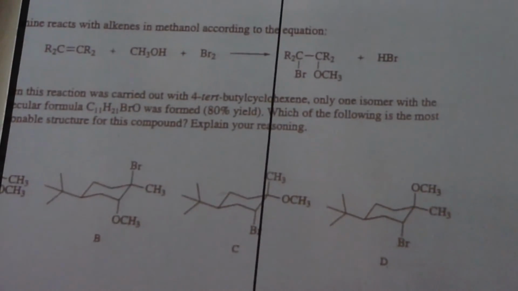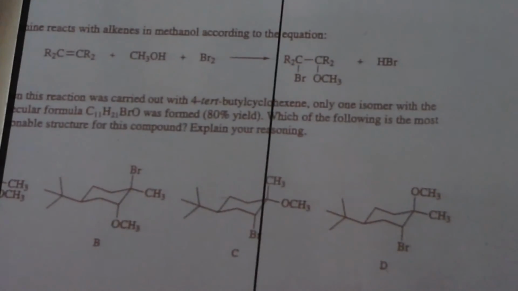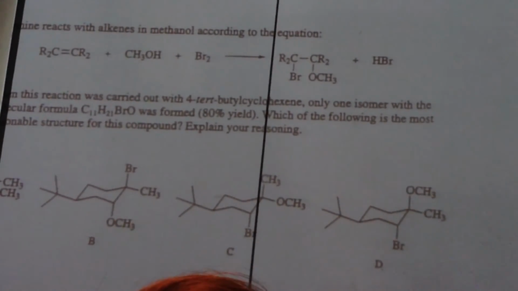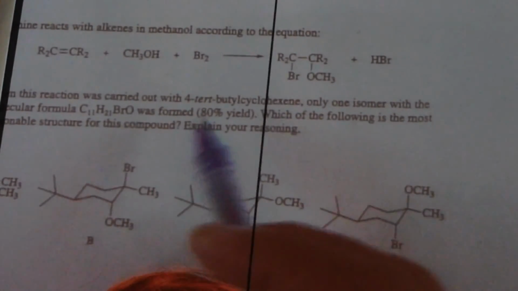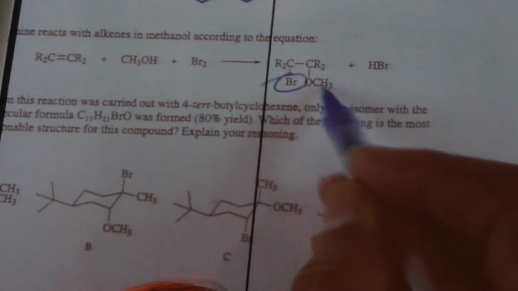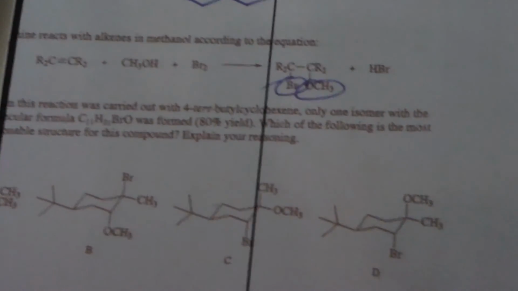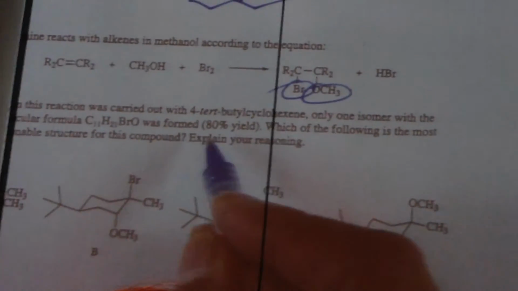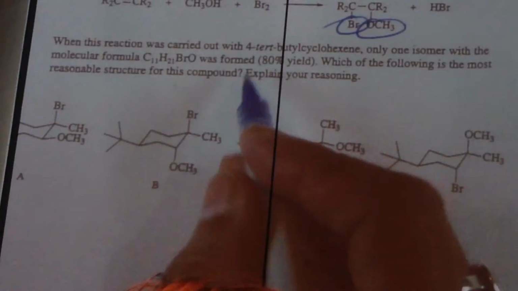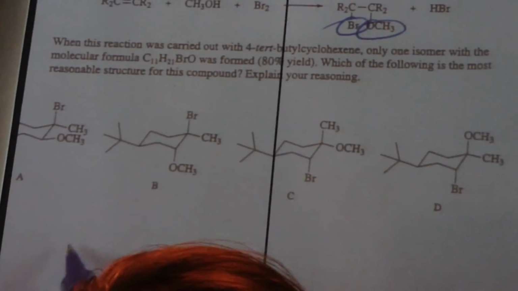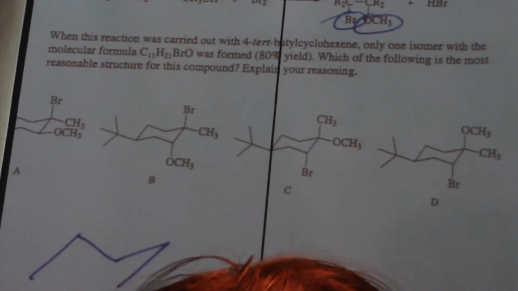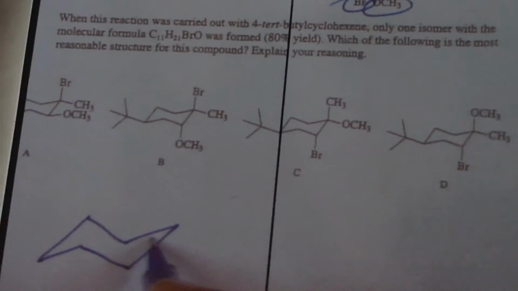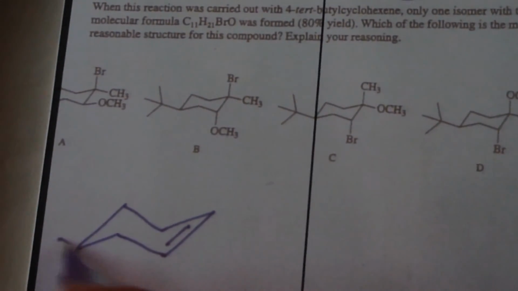Just like water, the methanol OCH3 group is added to the more substituted carbon. So in this case, it shows the Br addition to one carbon and OCH3 addition to another one. So now the question is, if you carry out the reaction with 4-butyl cyclohexene, although the structure is not exactly like this, let me draw it this way, it's easier.